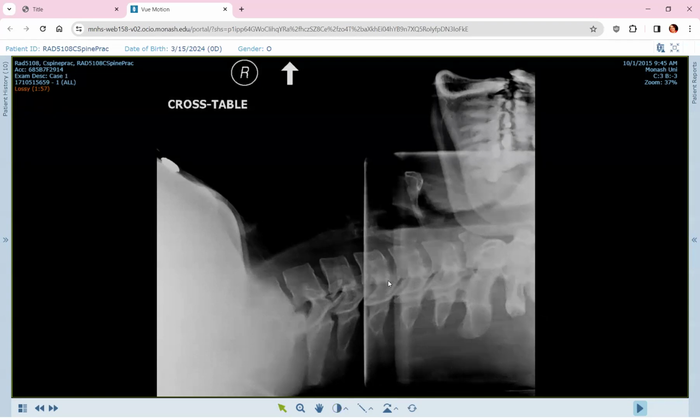If we look at the alignment with the anterior vertebral body alignment, you can immediately pick up, so this is C1, this is C2, that there is a malalignment at the level of C2. If we look at the posterior vertebral line, there's also a small step there as well.